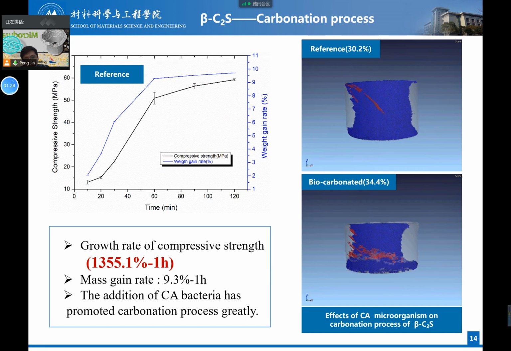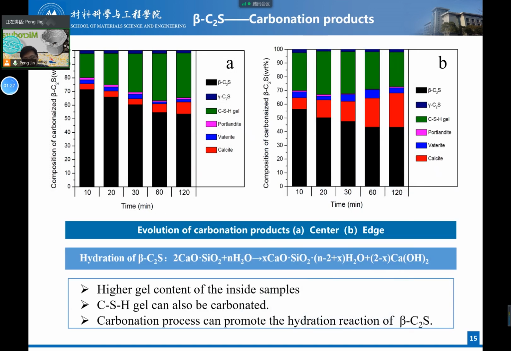From the aspect of carbonation products, it's obvious that there is more gel content in the center part of the specimens as well as unreacted beta-C2S particles, which may indicate the carbonation process of beta-C2S: beta-C2S hydrates first as in the equation here, forming CSH gel and portlandite.